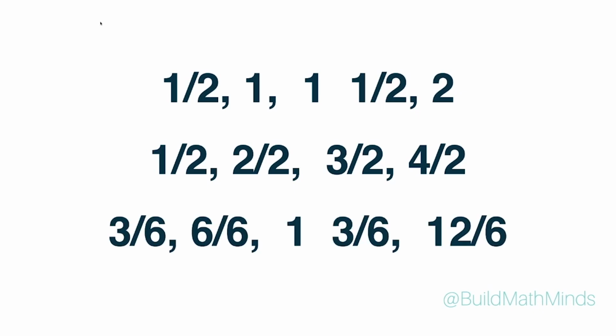And with any denominator, right? We want them to be able to see that it is 3/6 and 6/6, or it could be 10/20ths and 20/20ths. We need them to understand those equivalences and how numbers relate to those halves and wholes.